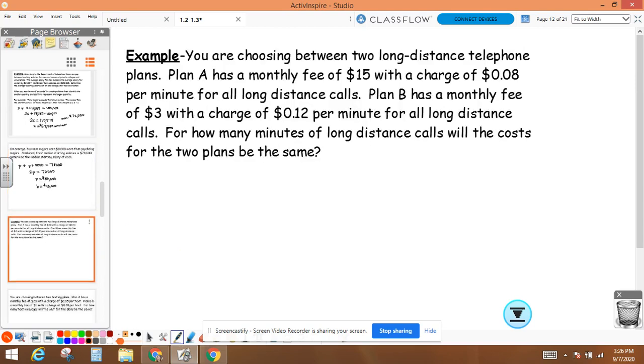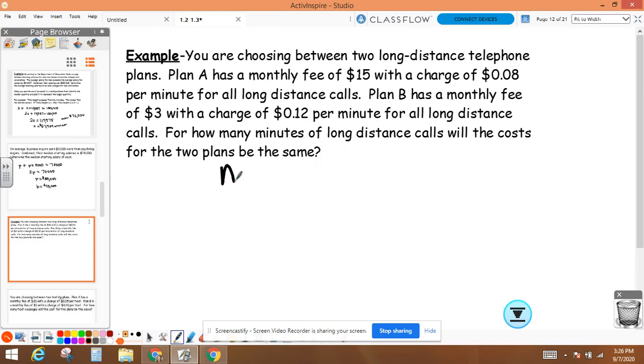All right, the next kind of problem is like a break-even kind of thing. You're choosing between two long-distance telephone plans. Plan A has a monthly fee of $15 with a charge of 8 cents a minute. Plan B charges $3 and 12 cents a minute, and they want to know how many minutes of long-distance calls will the two plans be the same.